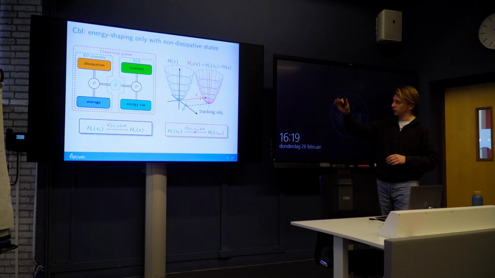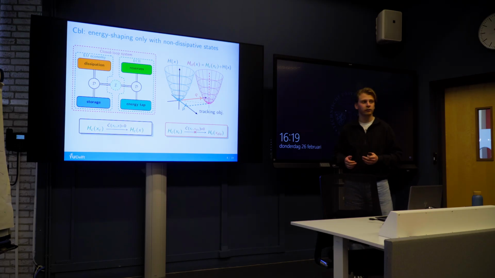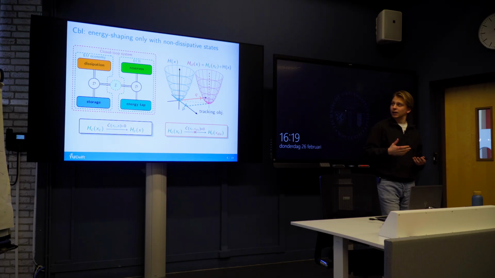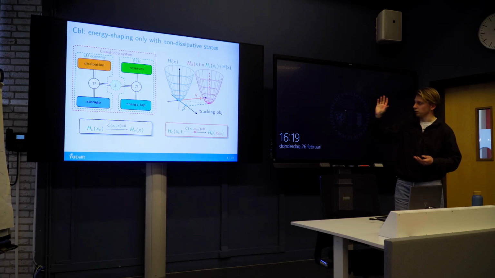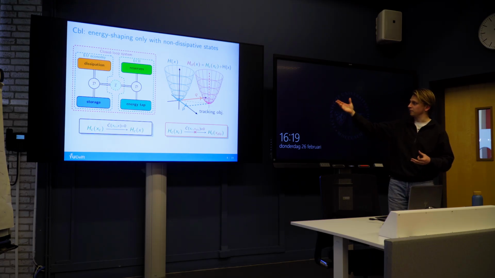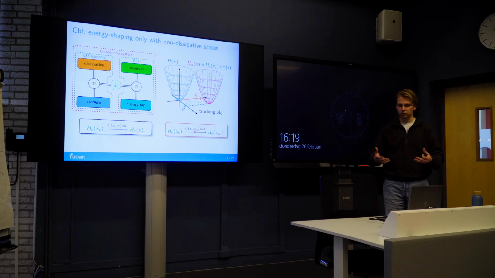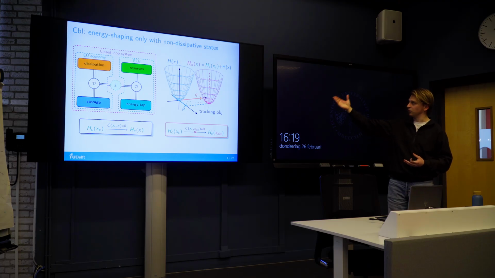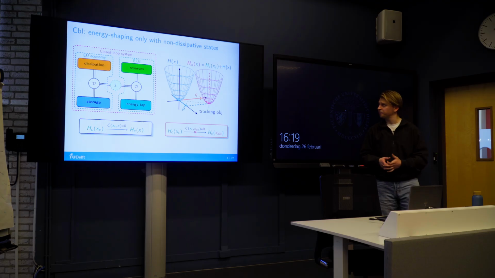And you can design your controller however you want, but there is a problem. Our controller energy or surplus function is in terms of the controller states. But on the plot on the right, we are in the world of the system states. The system surplus function is in terms of the system states, and we want to express our closed loop surplus function in terms of these system states.